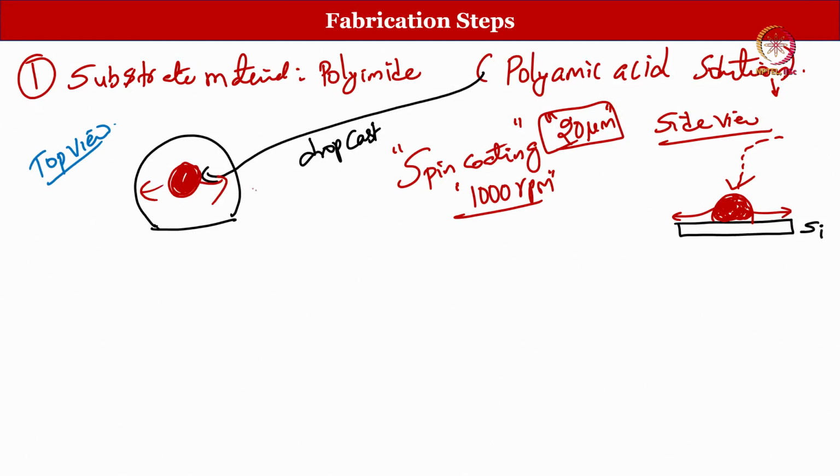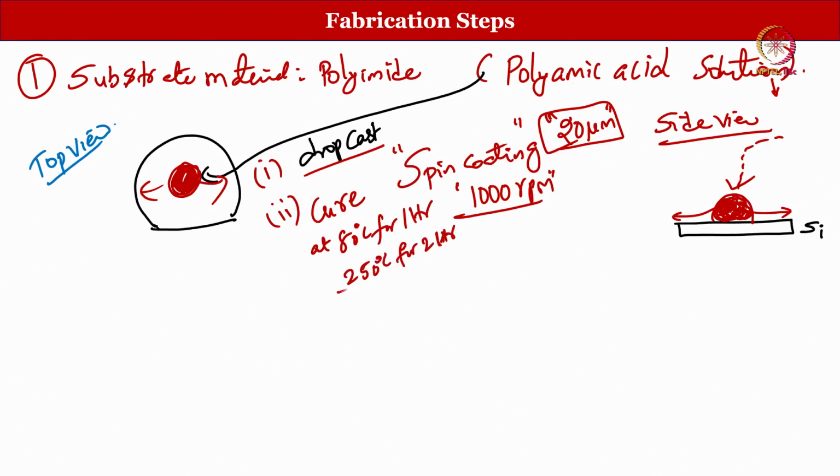Now, this is the first step, these are intermediate steps I am just telling you. In the first step, you drop cast. Then the second thing is, you cure it, heat this entire sample at, let us say, 80 degrees centigrade for 1 hour, followed by 250 degrees centigrade for 2 hours.